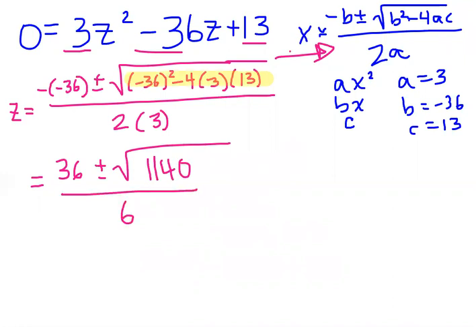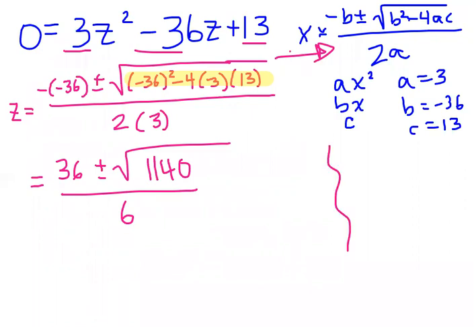If you recall from square roots, you can't really leave it that way. So you have to figure out, can I simplify it? Does it have any perfect square factors? At least that's how I've always taught this. Take 1140 and divide it by perfect squares, like 4, 9, 16. 1140 will actually divide by 4.